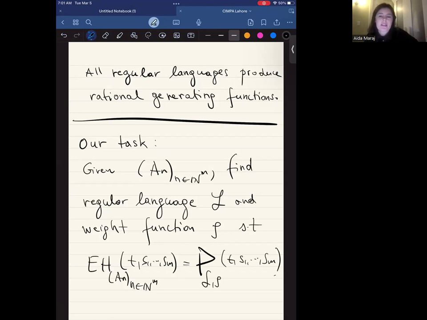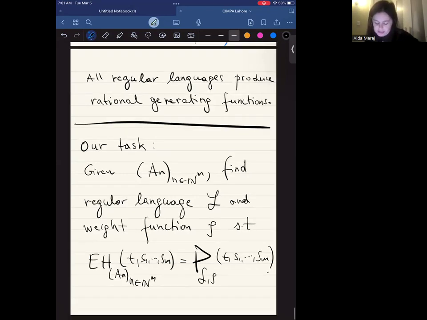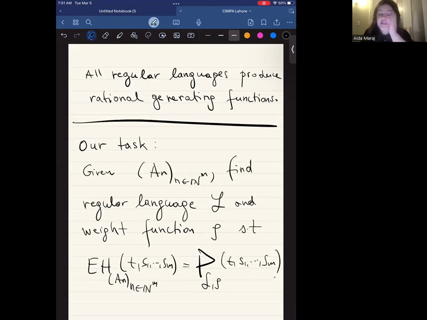If we can do that, then automatically theory from computer science tells us that we're done. Now, how easy or how not easy that is, we're going to look at next time.